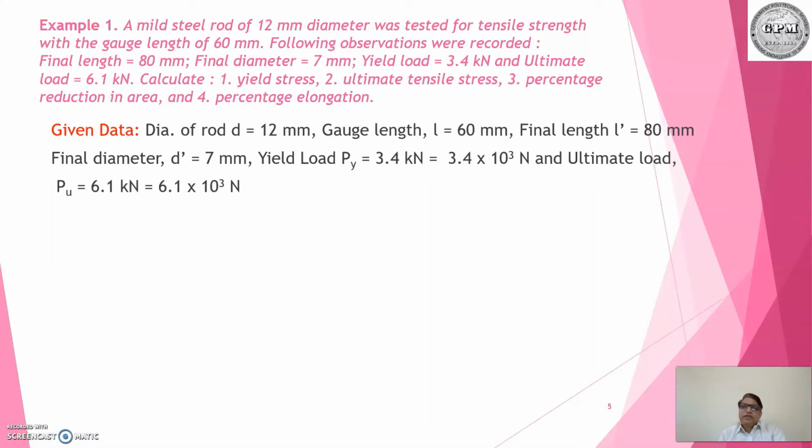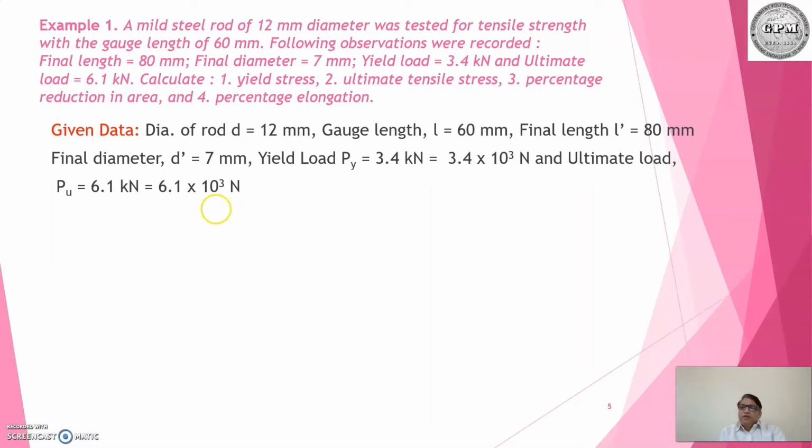That's why you should write all these things in the given data clearly: diameter of the rod, gauge length L, final diameter D dash. Like this we have to write it clearly so that the examiner will come to know that you have made the nomenclature of the abbreviations for the problems.